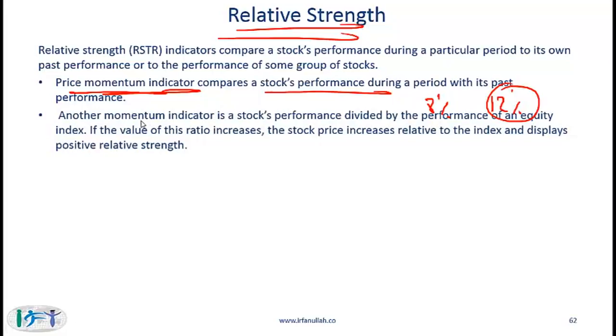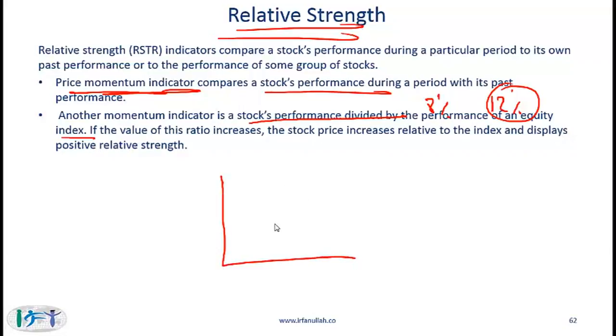Something that is used more often is you look at the performance of a stock or a sector relative to an index. So generally it is with a particular stock. You look at the stock's performance divided by the performance of an equity index, and this is easier understood visually.